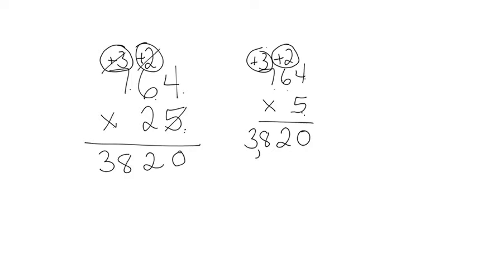Now we have to revisit the 20. So we're going to use standard algorithm to multiply 764 times 20. Again, remember, 20 has 1 power of 10, so your product should end with 1 power of 10. Going over to the standard algorithm side, remember this is not a 2, its value is 20.